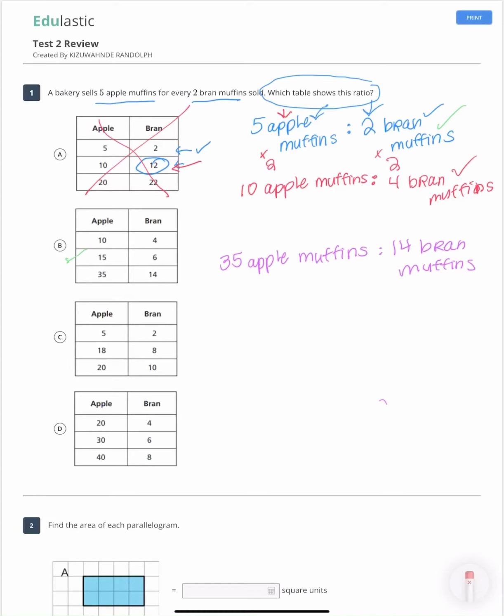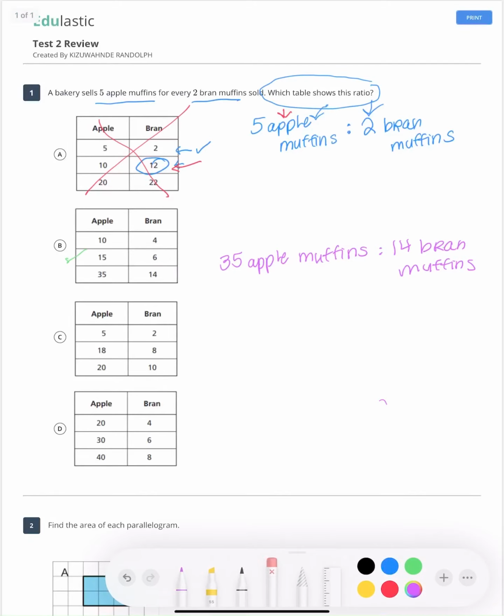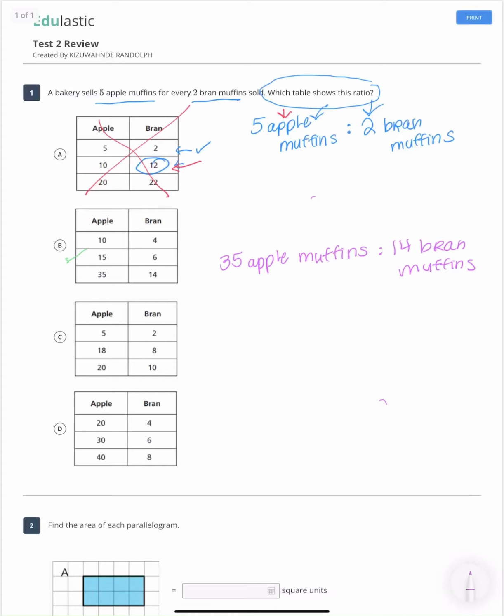You can use multiplication. Usually students like using multiplication because it's something they're more familiar with. So I'm going to use multiplication for this one, and here's what I mean by that. So I want to make one of the quantities equivalent to the quantity shown in the ratio. In my first question, I checked for apples. Let's do bran for this question. So I'm looking at the bran side.